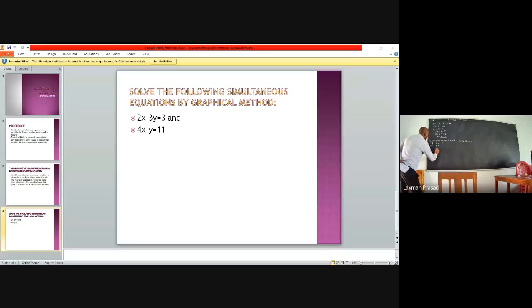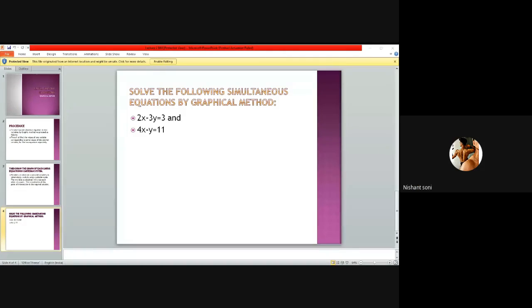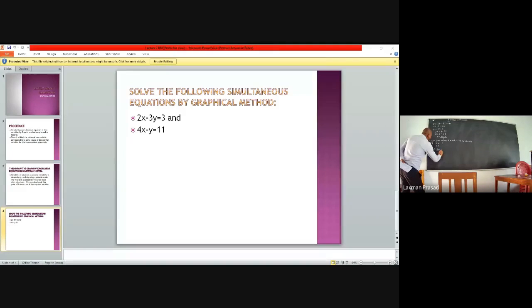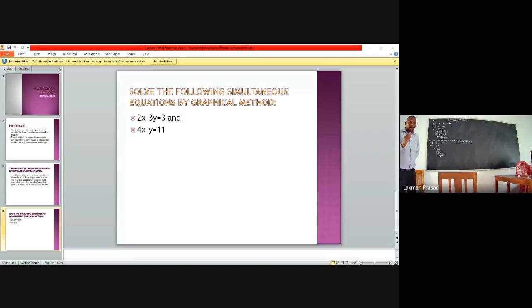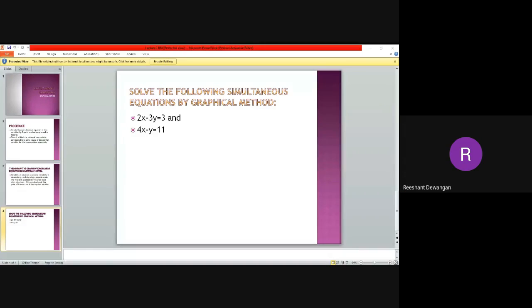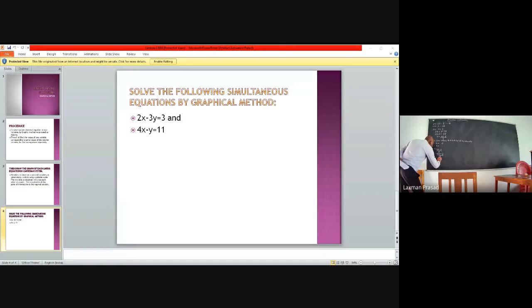So putting it in this equation, y equals 2x minus 3 upon 3. So here the value of x is 0. 0 आएगा. 0 minus 3 divided by 3, minus 1.